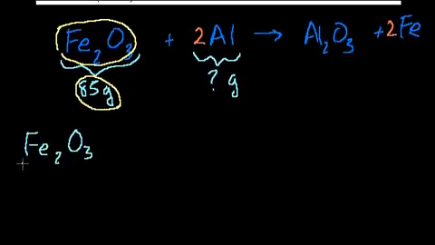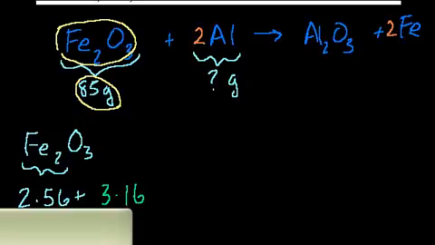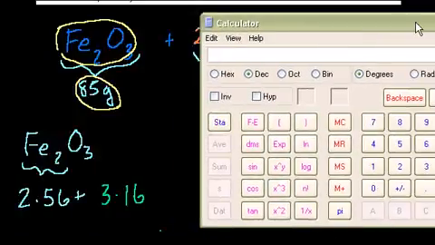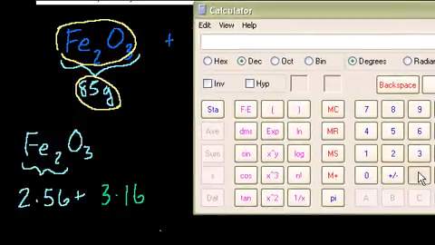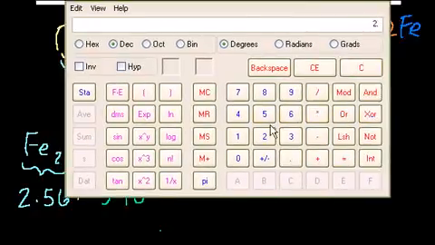So this mass is going to be 2 times 56 plus 3 times 16. We can do that in our heads, but this isn't a math video, so I'll get the calculator out. So let's see, 2 times 56 plus 3 times 16 is equal to 160.